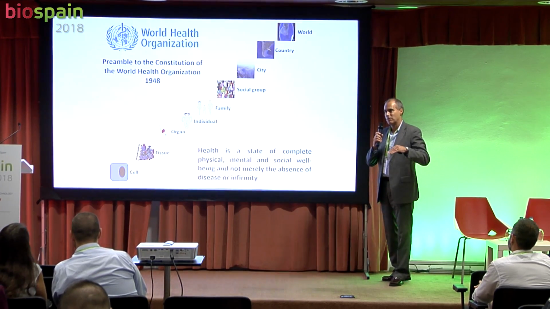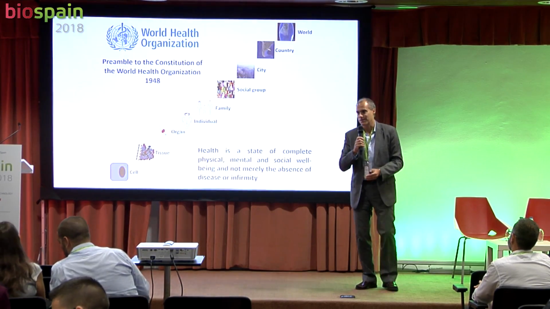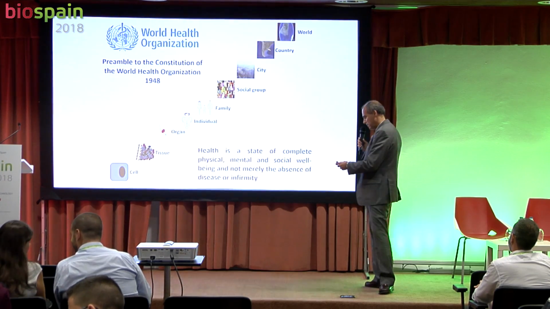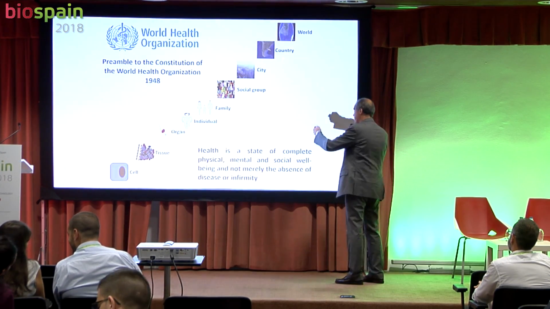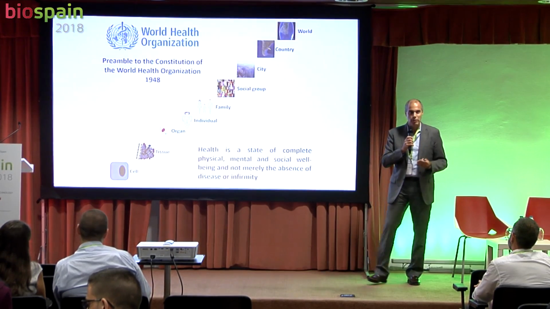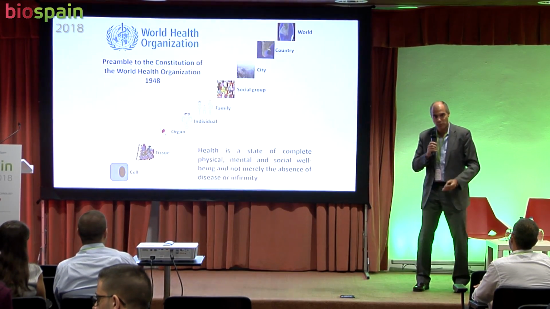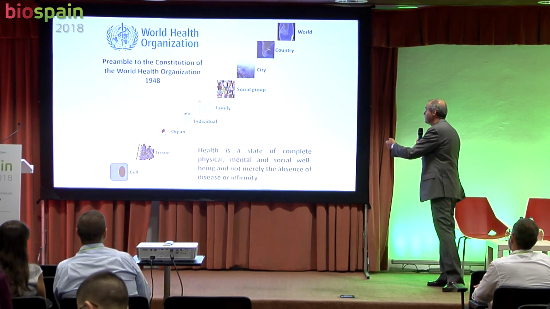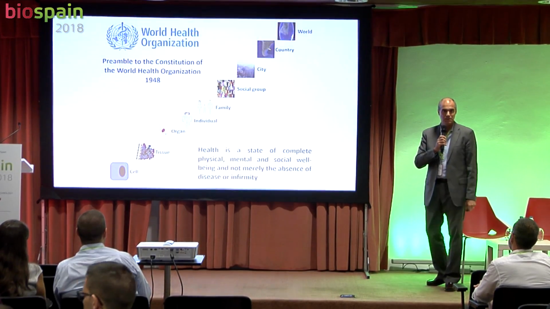And I will stop there. I will not go into the universe. I'm not so crazy. So healthy state is the sum of all of this. And if we want to evaluate the health state of somebody, we need to evaluate all of this, not just the biology.